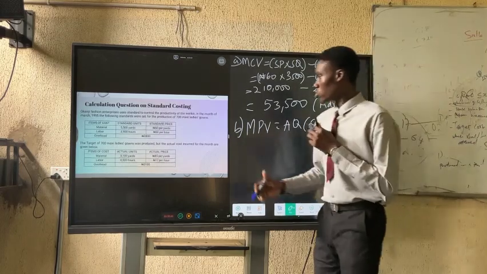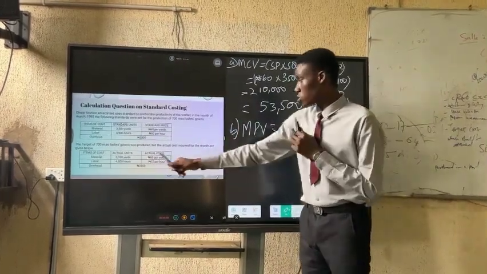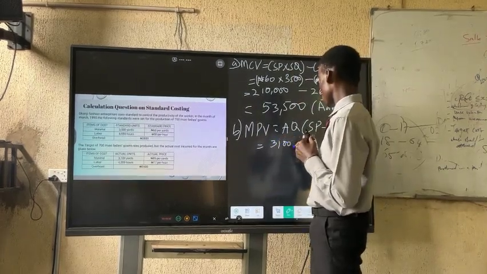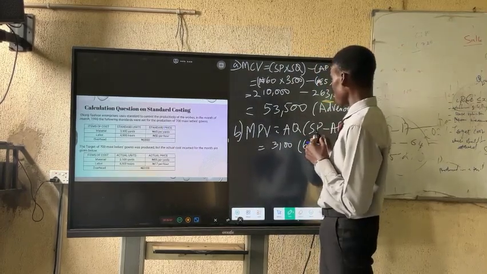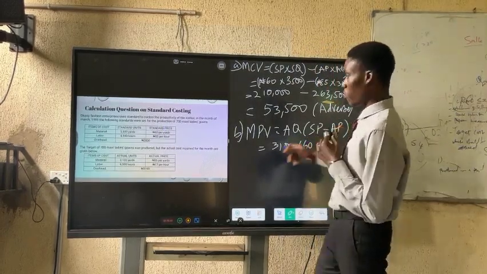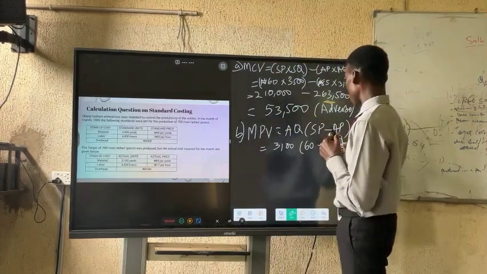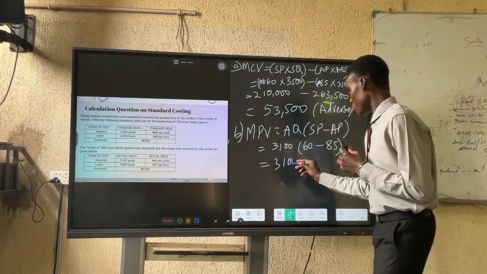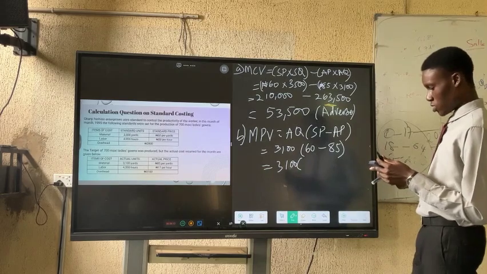So now let's get right into it. Our actual quantity is 3,100. Our standard price is 16 naira per yard. Our actual price is 85 naira per yard. So this is going to be 3,100 into brackets 60 minus 85.